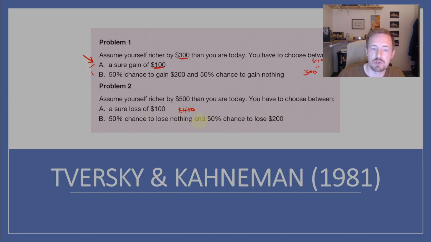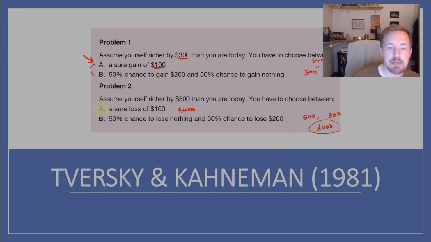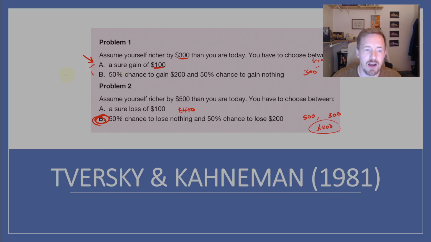A 50% chance to lose nothing, so that'd be 500, and a 50% chance to lose $200, so then that would put us over at 300, which again means that on average this gamble would yield us $400. In this case, people are much more likely to go with B, even though, as you just saw, these mean the exact same thing.